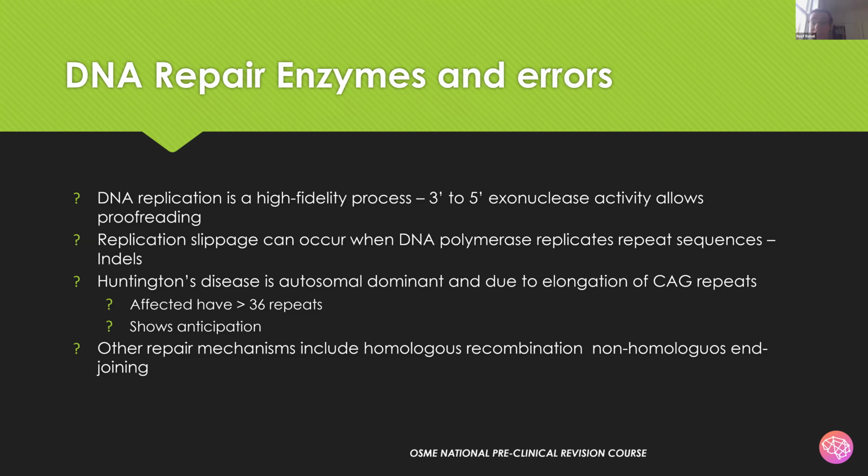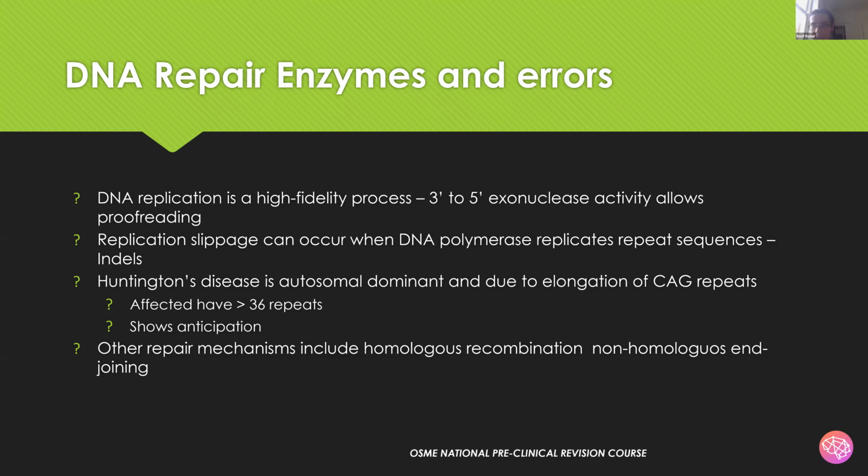And one condition where we see this is Huntington disease, an autosomal dominant neurological disorder. A mutation in the Huntingtin gene, which encodes the protein huntingtin in the brain, leads to the elongation of the CAG repeat and produces an abnormal huntingtin protein. In an unaffected individual, this has fewer than 36 repeats, but in affected individuals, this gene contains 36 repeats or more.